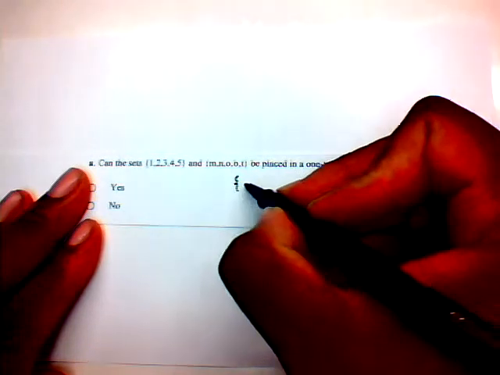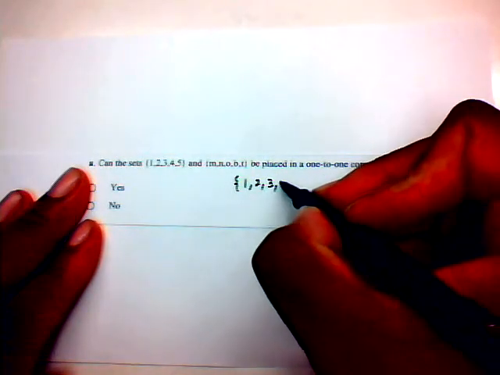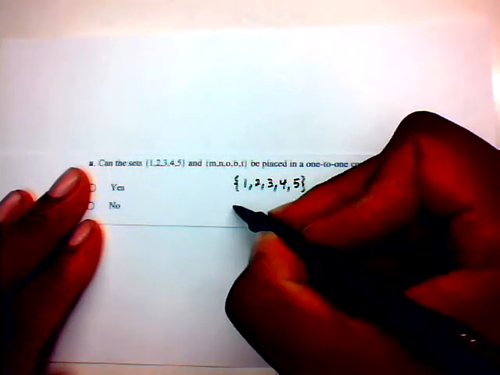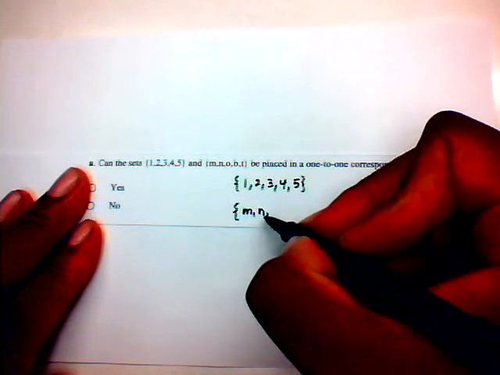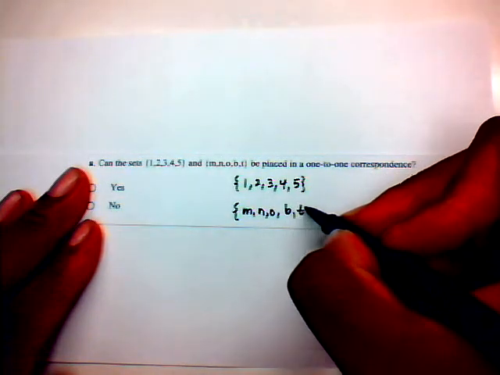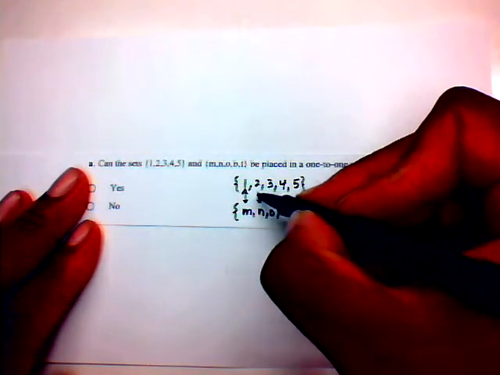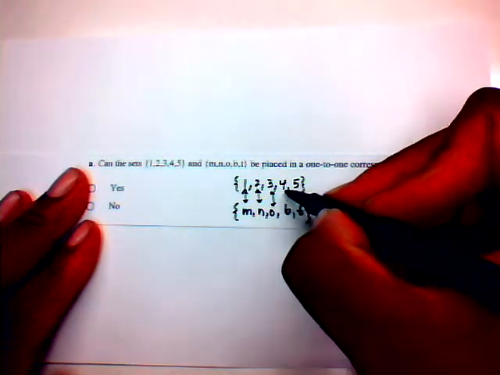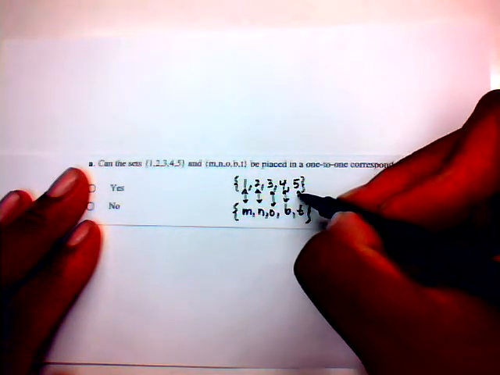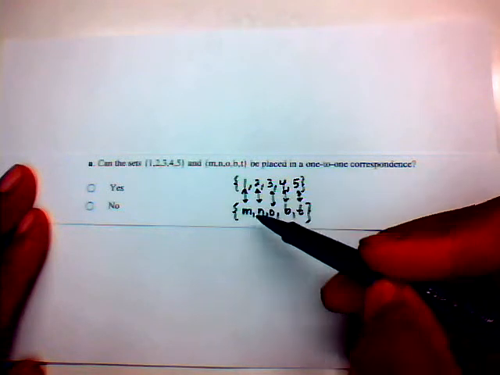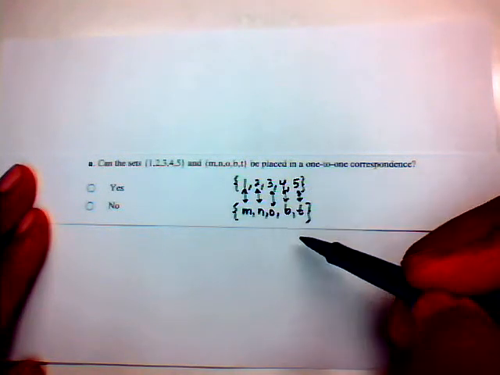So here, if I write 1, 2, 3, 4, 5, M, N, O, B, T, here I can pair 1 with M, 2 with N, 3 with the letter O, 4 with B, and 5 with T. In this case here, each element of the first set can be paired with an element of the second set, like this. So here, this would be a one-to-one correspondence.